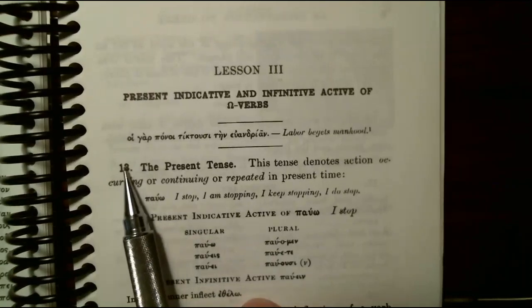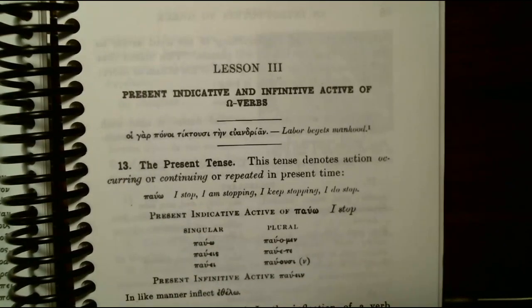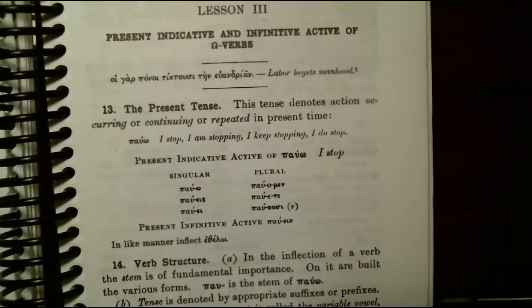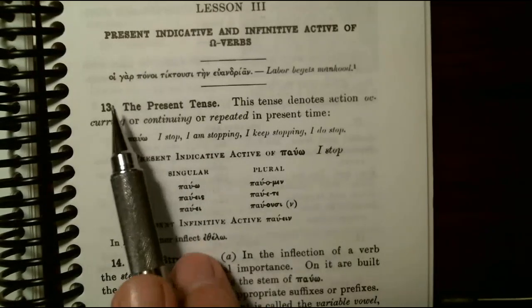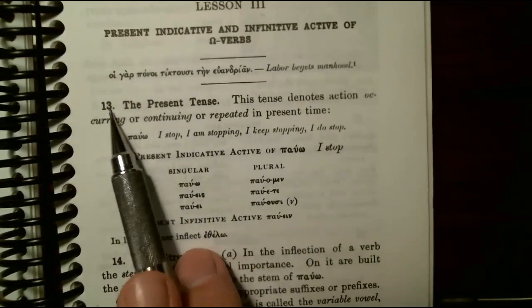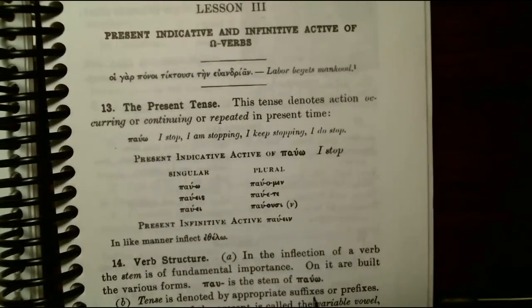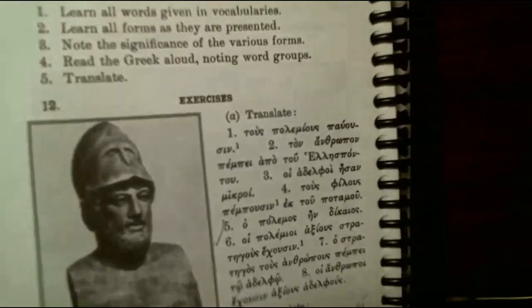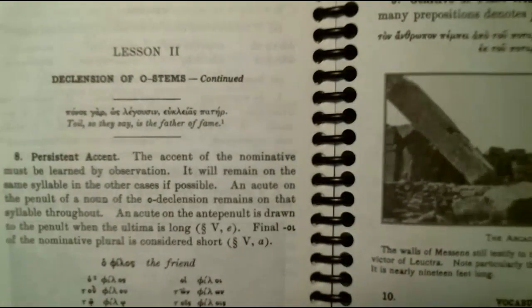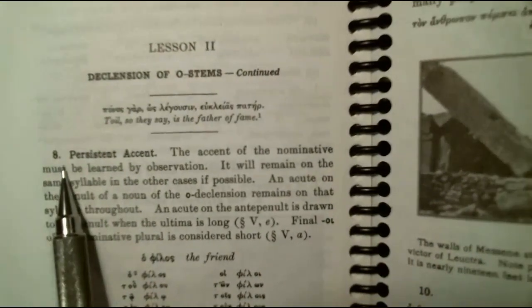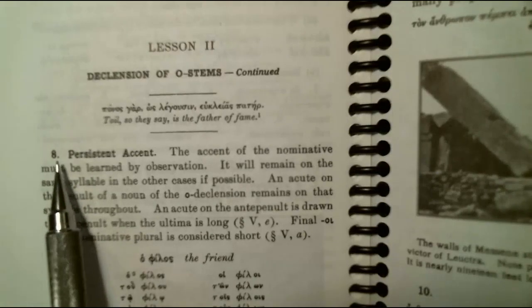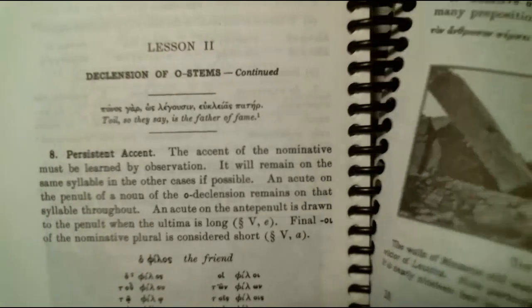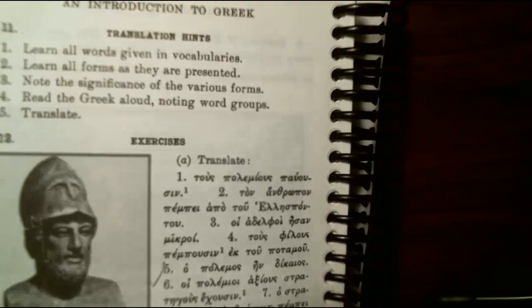So we got section 13. Now, if you notice as you've been reading through Crosby and Schaeffer, the paragraph numberings follow. For example, if you go back to the previous page, page 6, or the last lesson, you have paragraph 8 here. So the numbering of the paragraphs runs through the whole book continuously, right?